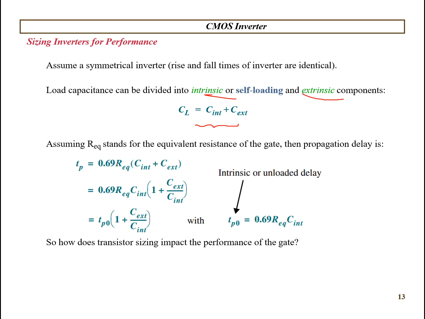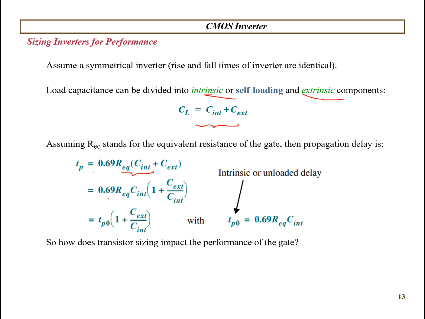We know that our propagation delay is generally equal to 0.69 RC, is it? So here we have R equivalent into CL for your CMOS inverter. Your CL, you know, is equivalent to internal and external capacitance. Hence C internal plus C external is used instead of CL. In this, if you take C internal as common, you will get 1 plus C external divided by C internal.